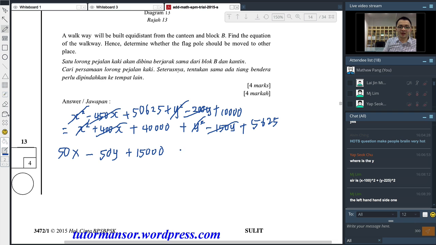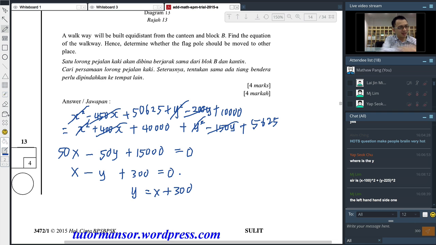So from here, this one equals to 0. So from here I can divide 50. This is x minus y plus 300 equals to 0. Then I will factorize out this one. Oh no, the question asks you to do what? To form the equation, right? Yeah, find the equation. So basically y will equal x plus 300.